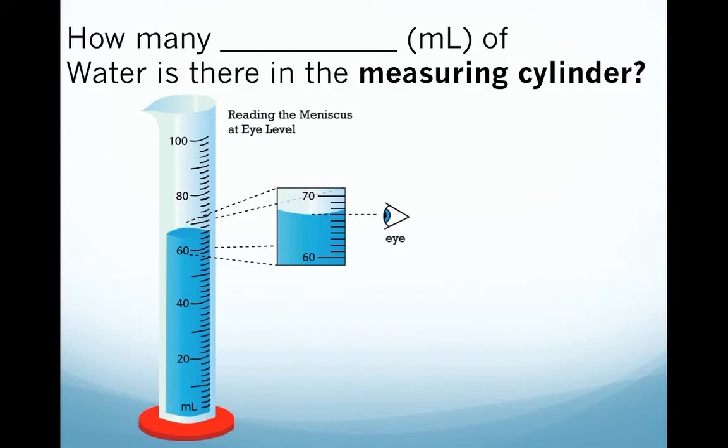Now, how many ml of water is there in the measuring cylinder? ml is milliliter. How many milliliters of water is there in the measuring cylinder? Let's look.